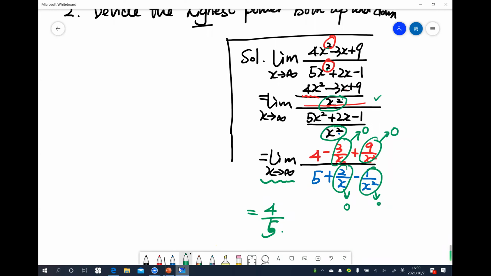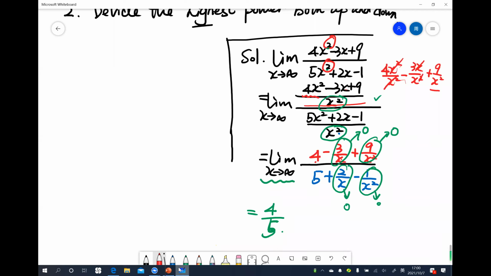This part equals 4x squared by x squared minus 3x by x squared, plus 9 by x squared. And here, x squared can be cancelled, so we have 4 here. And here, one x can be cancelled, so we have 3 by x here. And the last part is still 9 by x squared.